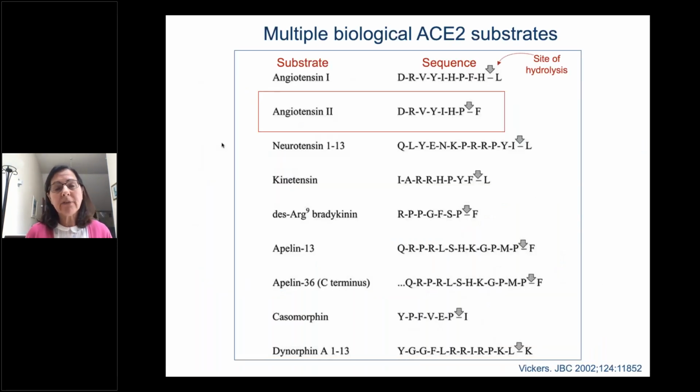As was mentioned previously, there are many biological substrates that have been identified for ACE2. And we can see some of these substrates. But the one that is most important and most potent with respect to substrate enzymatic activity is angiotensin-2, resulting in its cleavage and the production of angiotensin 1-7.